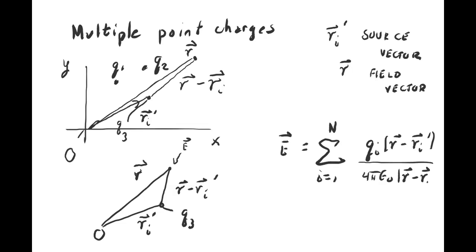And again, I have my factor of the length of R minus R prime, and this thing is cubed. So you may say, well, shouldn't the electric field go like 1 over R squared? Well, it does, right? Because the numerator goes like a length. The denominator goes like a length cubed. So the net effect is that this thing goes like 1 over a length squared.